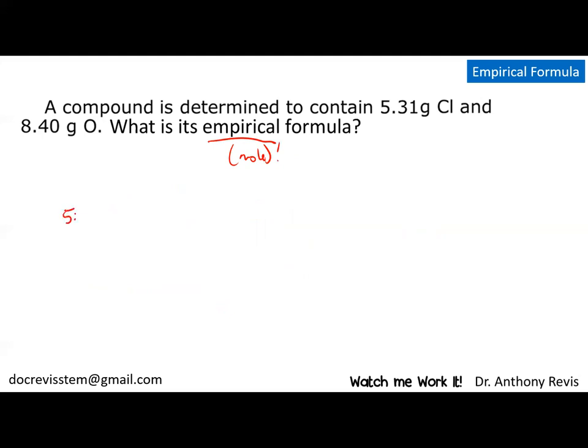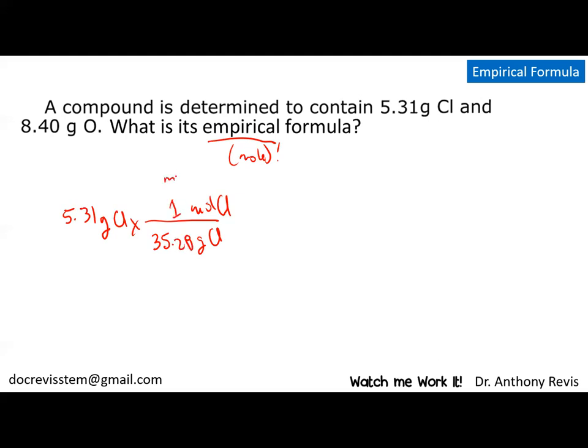I have 5.31 grams given. That's my given. So my given times bar, gram on the bottom, chlorine here, and mole on the top, chlorine here. And so I looked this up on a periodic table, and I get 35.28 grams every mole.